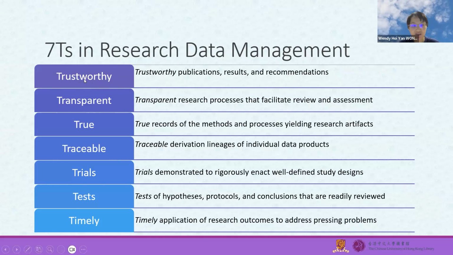Sharing your data can make your research trustworthy in others' eyes, and transparent to others. It proves that your research output is true, and that the research ideas are traceable and can be the basis for further tests, and you can share your data in a timely manner.